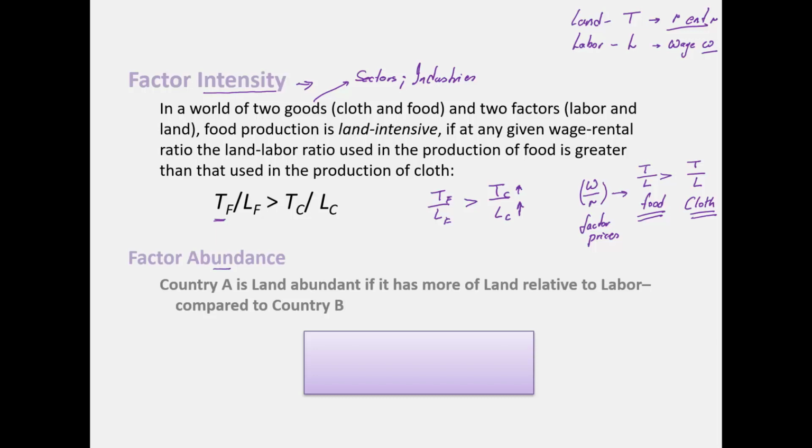Suppose there are two countries, country A and country B, and if you look at their resources, land and labor, if the land by labor ratio for a country is higher than the land by labor ratio for the other country, this should be A, then country A is said to be land abundant. Okay? So for goods, the term used is intensity, and for countries, we use the term abundance.